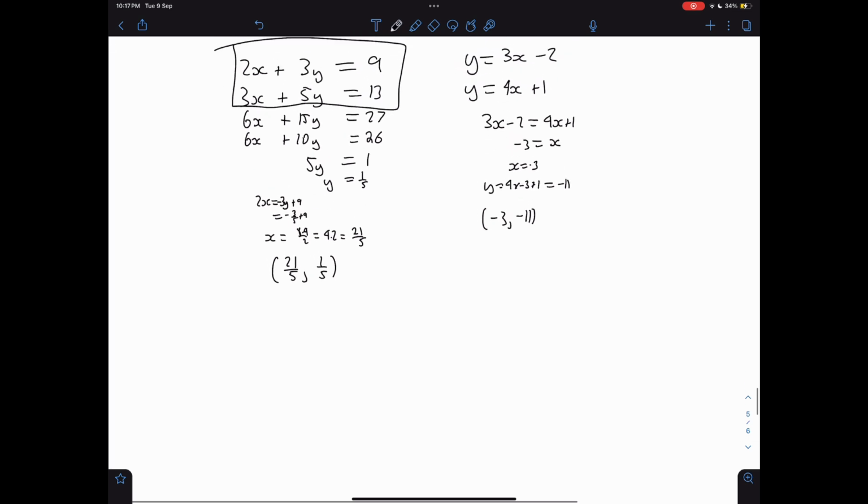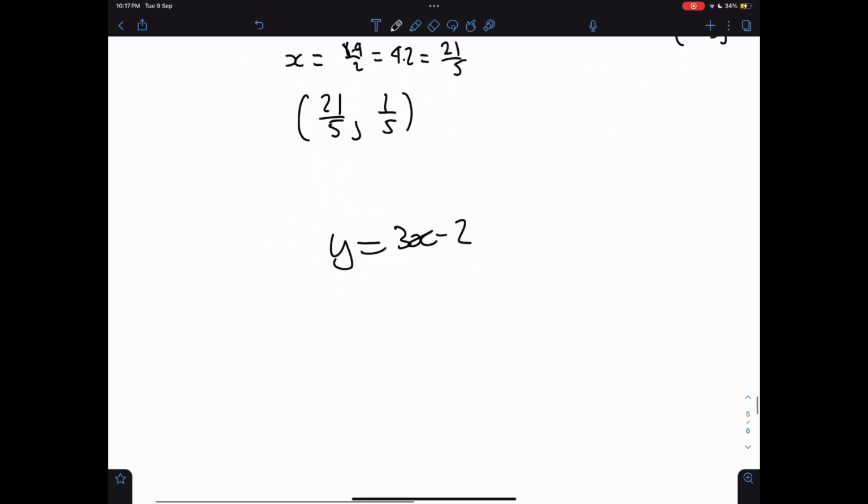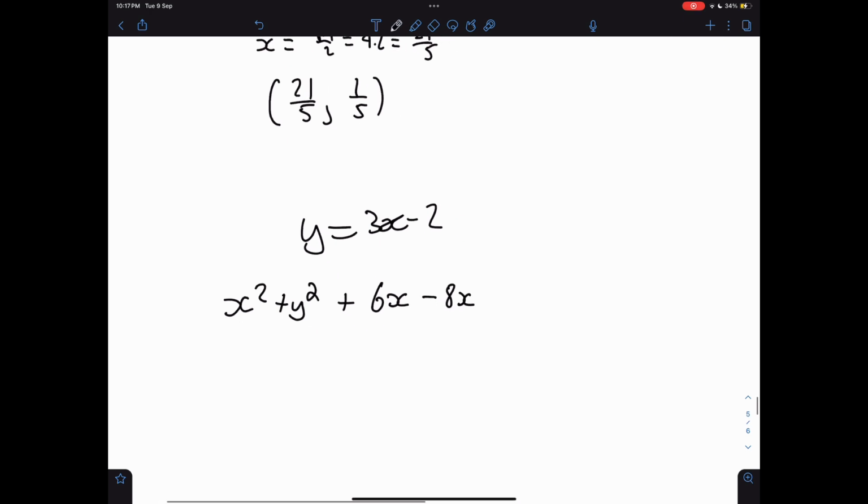It's a bit harder if one of them is non-linear. So you've got something like y equals 3x minus 2, and then suddenly you're thrown x squared plus y squared plus 6x minus 8y plus 25 equals 0.